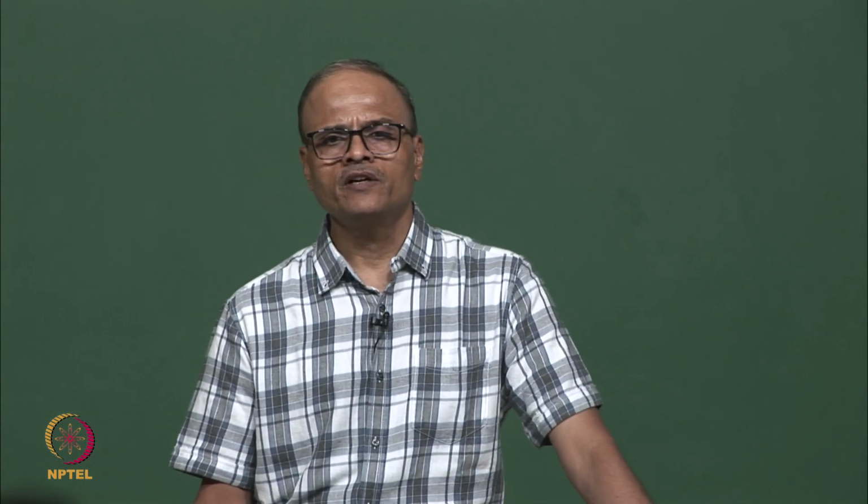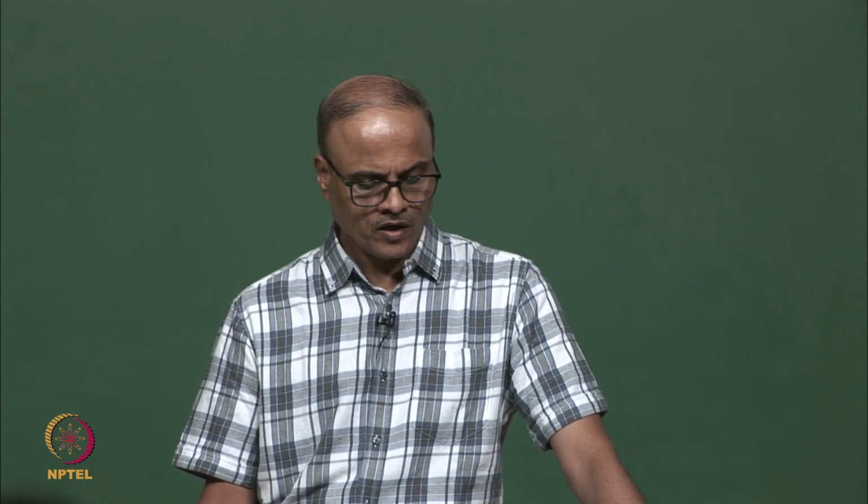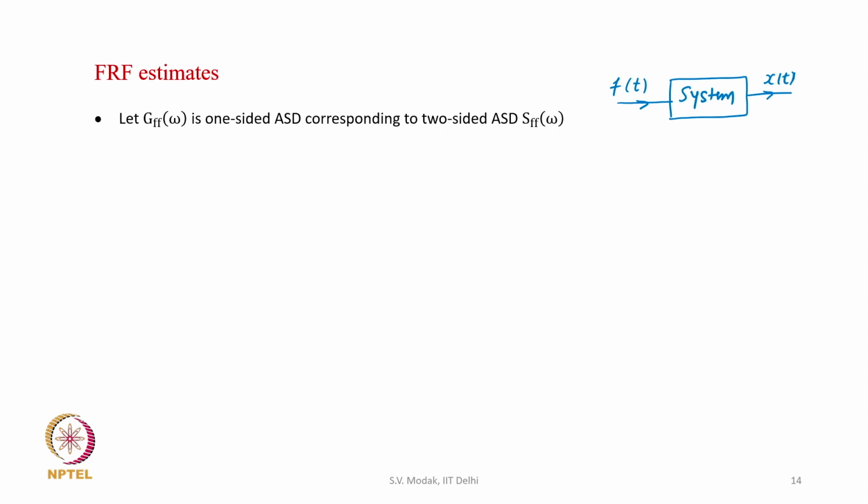The spectral densities we defined are two-sided spectral densities, but in practice we often work with one-sided versions of these spectral densities. So let us say Gff(omega) is the one-sided autospectral density corresponding to the two-sided autospectral density Sff(omega). This is the autospectral density of the input random force being applied.